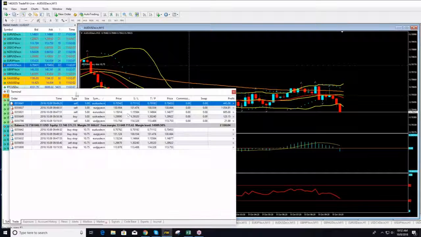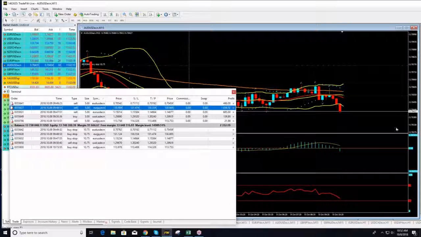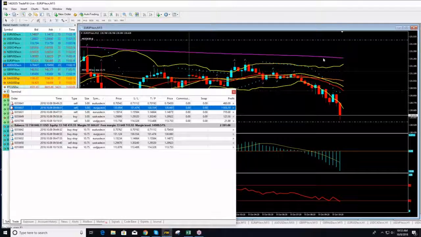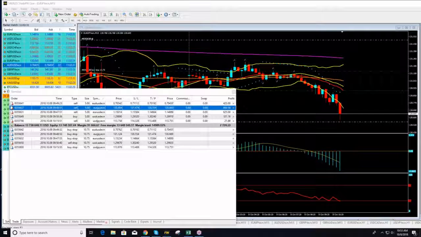The second trade for the moment is our best performing trade, is Euro Yen. I have shorted also Euro Yen, a very nice bearish setup on the MAs. As you can see, the price is already approaching our take profit. So I have shorted Euro Yen with a stop loss at 130.474 and a take profit at 130.554.